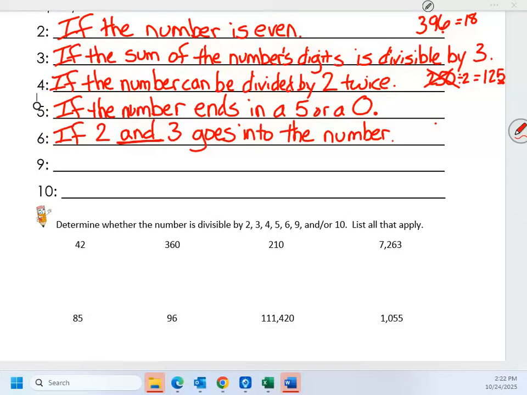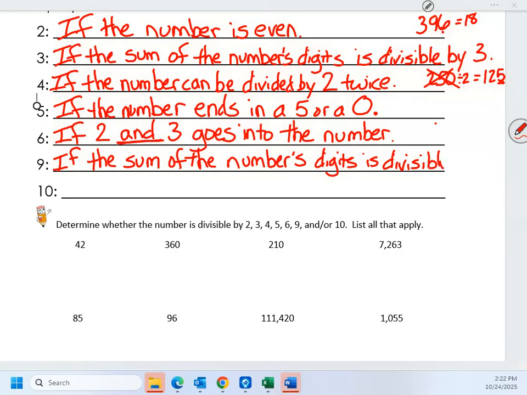For the 9, we need to see if the sum of the number's digits is divisible by 9.